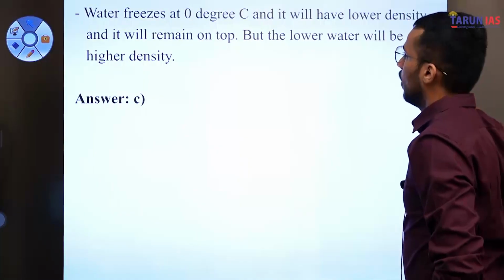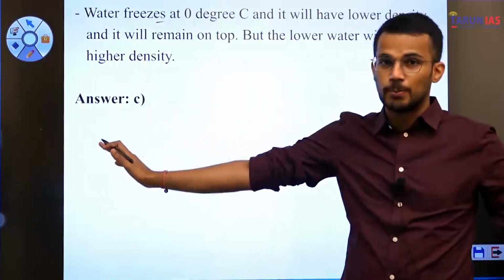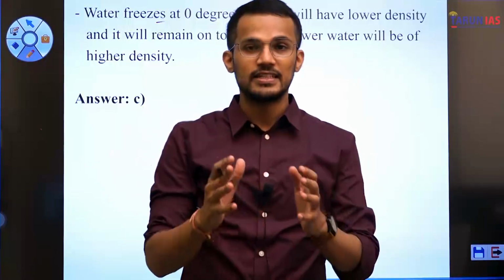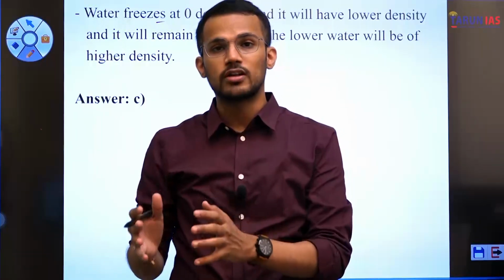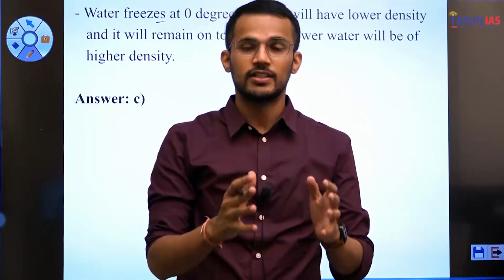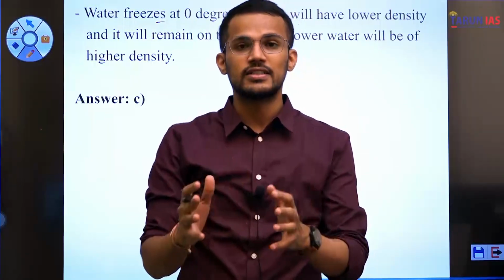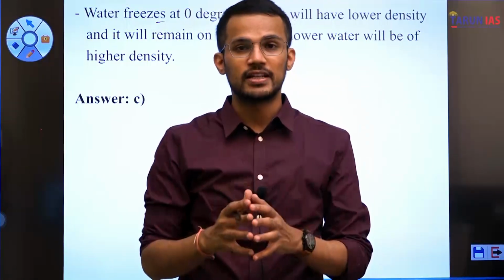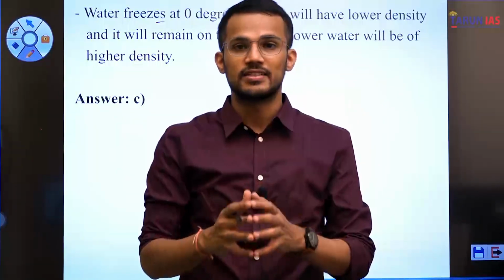Next point. Water freezes at 0 degrees Celsius. Fine. So that was one part that we have discussed, that water's density is highest at 4 degrees Celsius. And if we cool down water below 4 degrees Celsius, then density will, sorry, density will decrease. Now, as we have said that the density of water is highest at 4 degrees Celsius, it will be heavier than water which is at lower temperature.